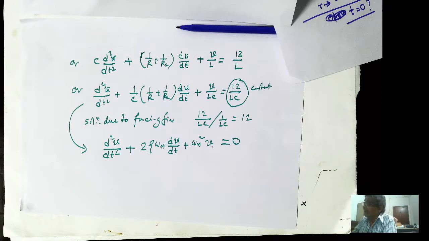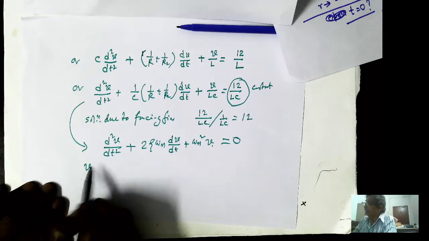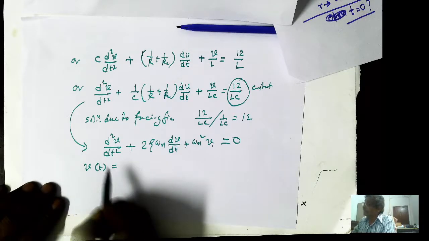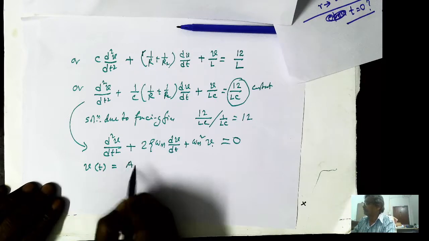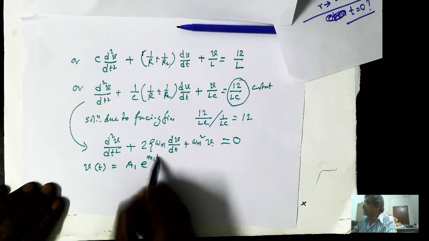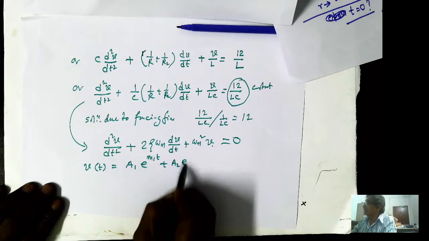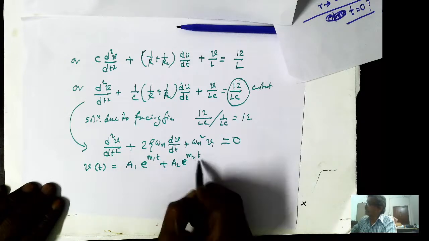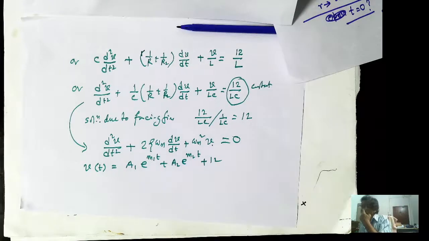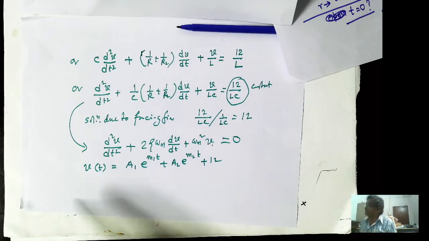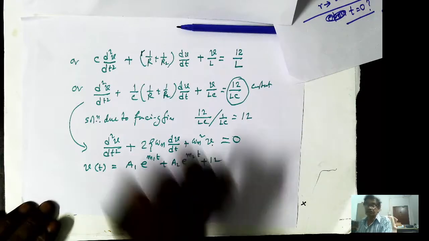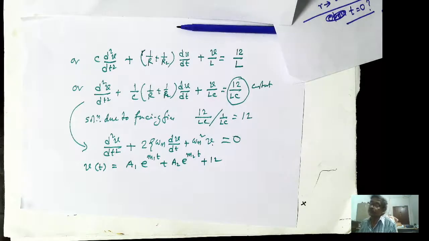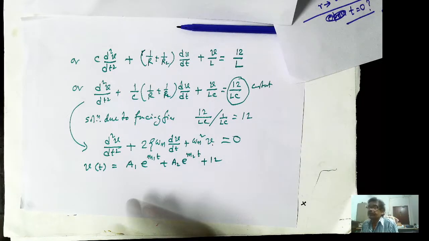So I will say that the solution of V(t) will be, in general, if the roots are m1 and m2, A1 e to the power m1 t plus A2 into e to the power m2 t plus the solution due to forcing function, which is already there, 12. So when I apply the boundary condition, V0 is not equal to 0 but equal to V0, whatever 6 volt or whatever it is we have set to. So like that you have to find out the constants A1, A2.